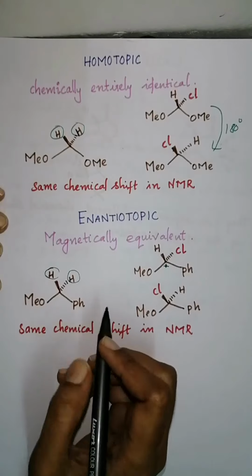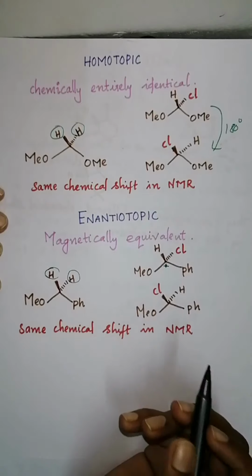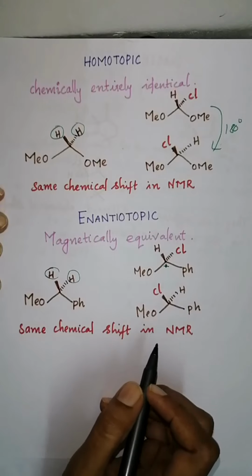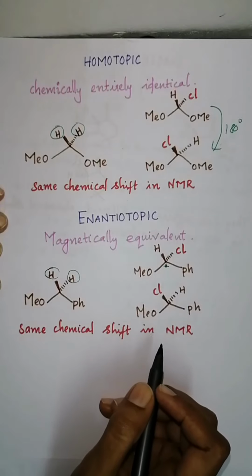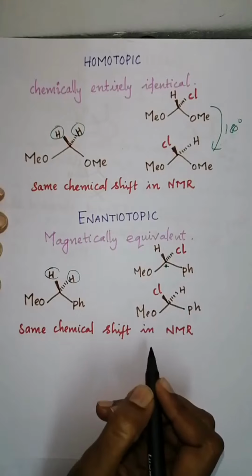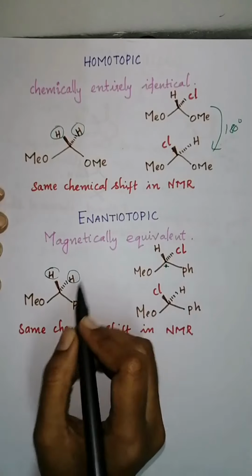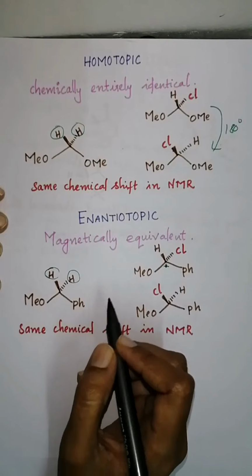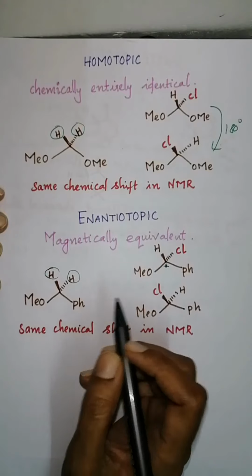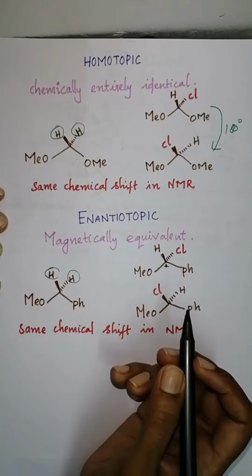So what is the case of enantiomers in the NMR spectrum? The NMR spectrum cannot distinguish enantiomers, so they will show the same chemical shift in NMR. Then how can we distinguish enantiotopic groups? We can use enzymes or some asymmetric reagents.